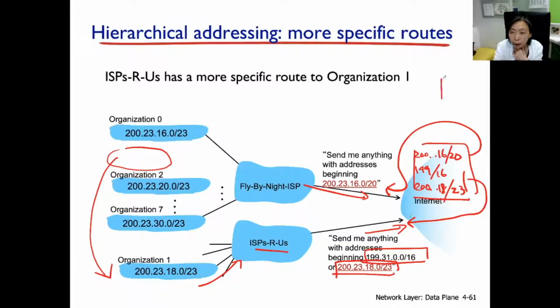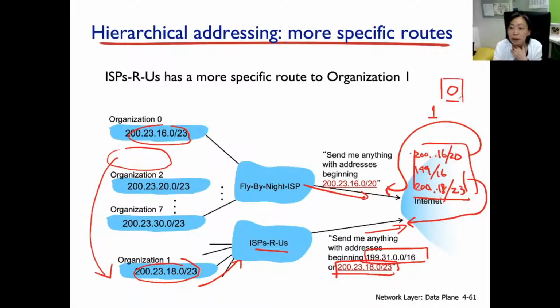So if there is a packet coming in that is supposed to go to organization 0, it's going to match the first entry, isn't it? It's not going to match entry number 3 because this address space and this address space are actually disjoint. So not going to match this one here.